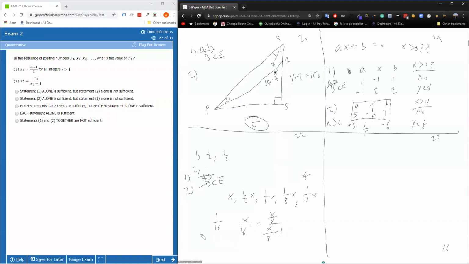I think we should be able to solve for x here. I can cross multiply, and x squared over 8 plus x equals 2x. So if we can solve for x, we can get any number here, so I'm thinking C.